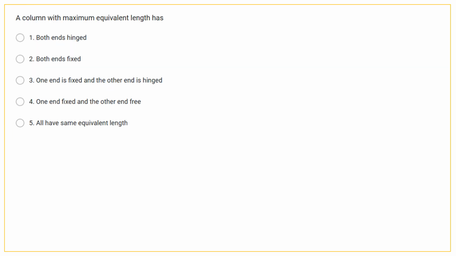The next question, question number 9: a column with maximum equivalent length has. First of all, we'll see the chart of equivalent length for different conditions.